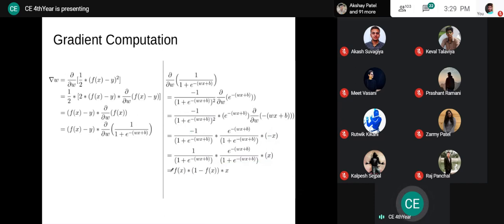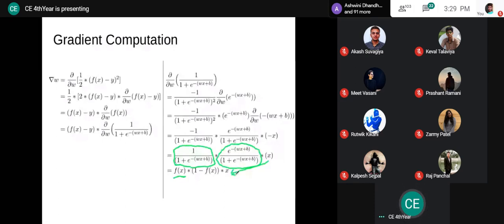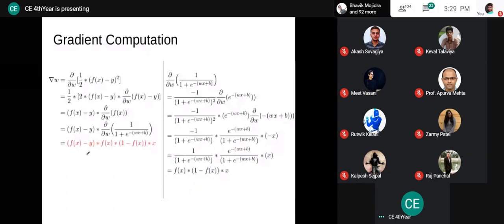If you observe, this is nothing but your f of x, or you can say your hypothesis. And this term is 1 minus the hypothesis of x as it is. So we can just feed this term over here, and we'll have this as the final result.